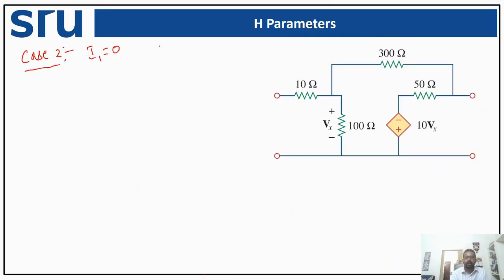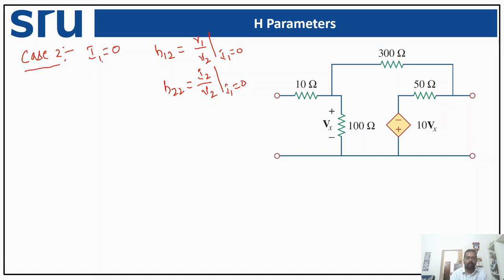What is my H12? It is nothing but V1 by V2, and H22 is nothing but I2 by V2. These are possible when we make my I1 equal to 0.